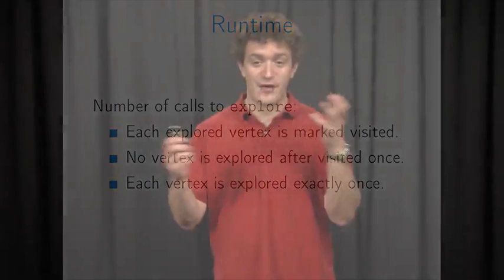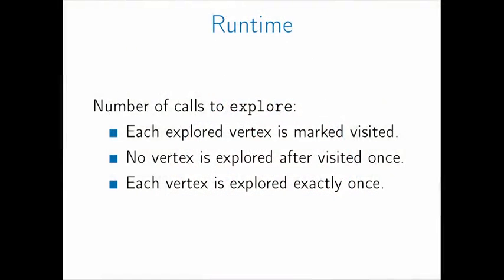In fact, every time we make an explore call, even a recursive one, we always first check if it has not been visited, then we explore it. And this means that no vertex gets explored more than once. In fact, this means that each vertex gets explored exactly once, because the outer loop in the DFS explores every vertex if it hasn't already been visited.